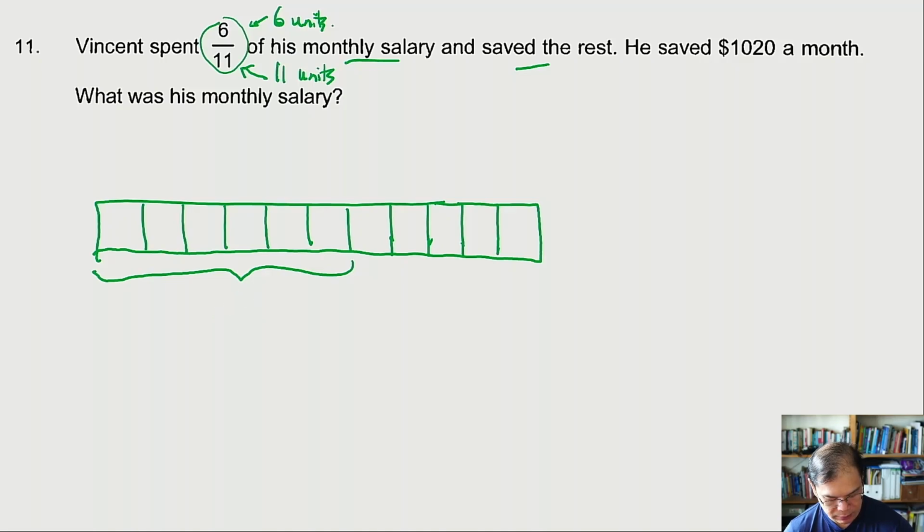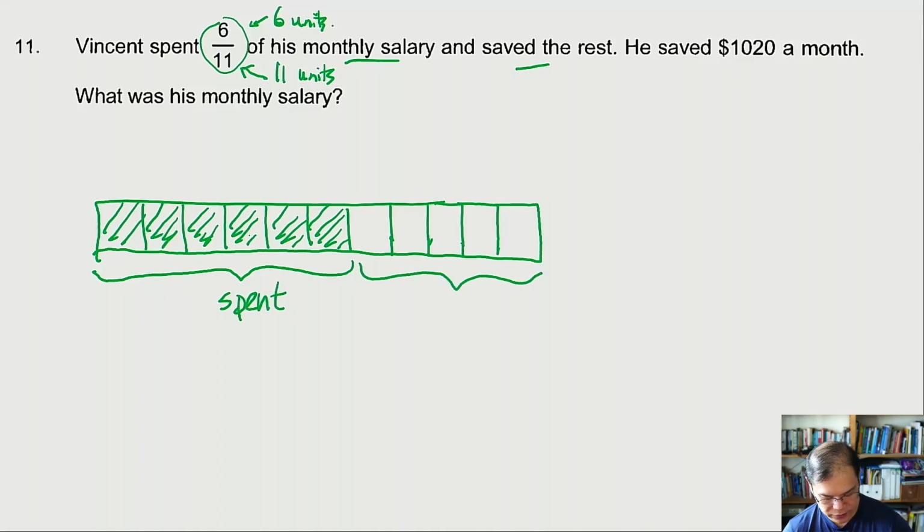This is the amount that is spent. Okay, some of you would like to shade it. And the rest was saved. Saved the rest, isn't it?